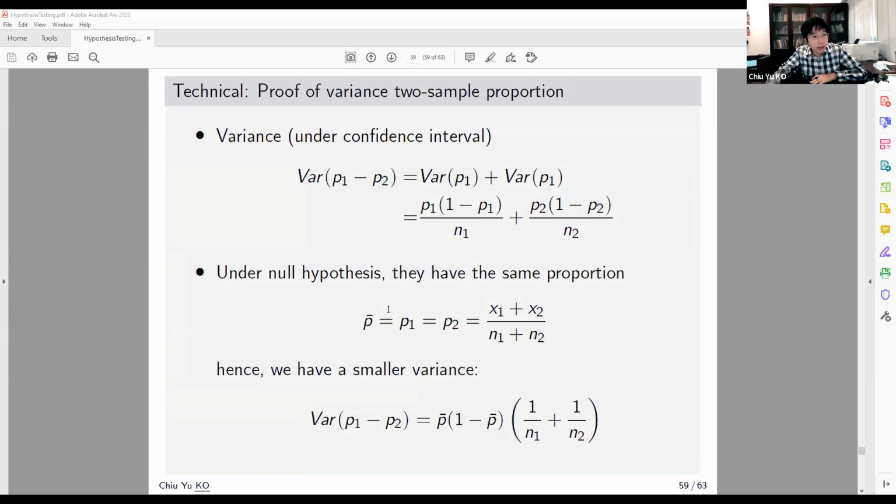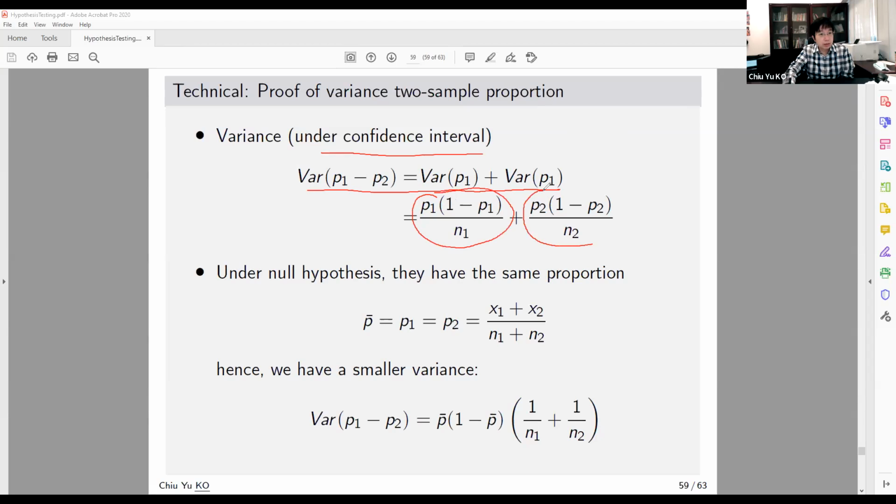Just repeat what we have just said. Why we would have that particular formula is because for the confidence interval, we calculate the variance of this, and the variance of this will be estimated by this guy.